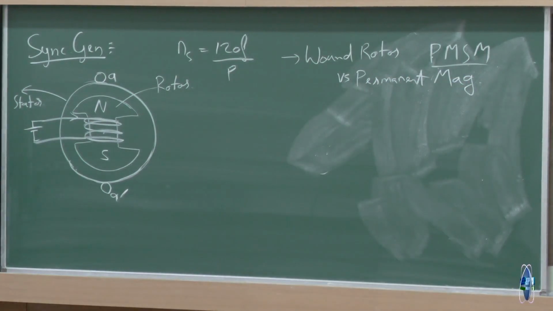Wound means there is a winding, maybe a DC, maybe an AC. In this case, we give DC, of course. In the induction motor, we had a wound rotor where we were giving AC through slip rings. So wound means it's wound, that's it.